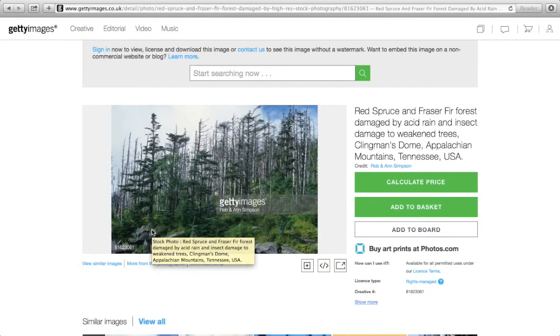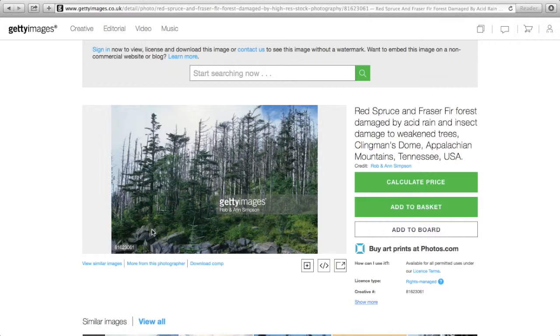Alright guys, now I'm on the Getty Images website, which is a really good website if you're looking for specific types of photos. Maybe you really like photos, you want to become a photographer yourself, but this is a really good website for that. And I found some really good examples of the effects of acid rain, even in the Appalachian Mountains.